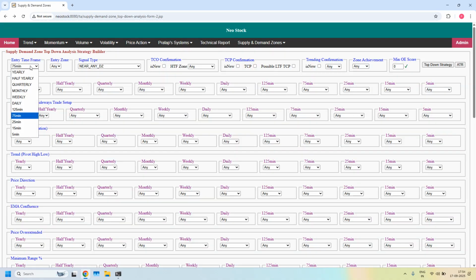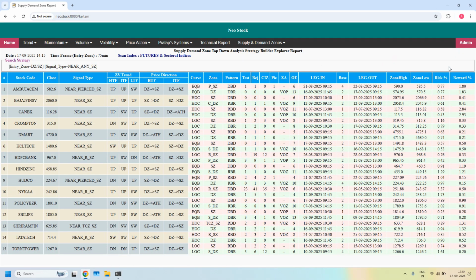Next, for 75 minutes time frame, stocks near to the 75 minute supply zone, we got 15 stocks. Let us identify 75 minutes high liquidity supply zones from this list. HDFC Bank is having a 75 minutes high liquidity supply zone.